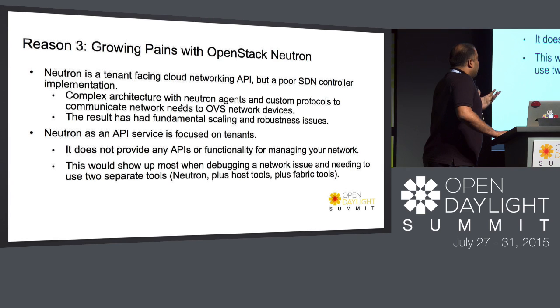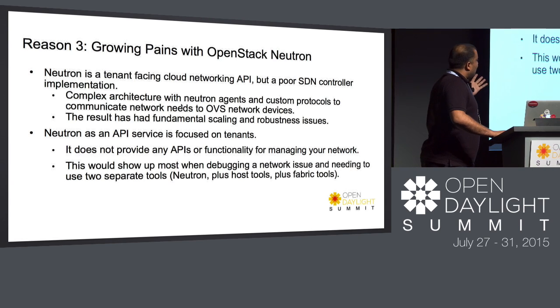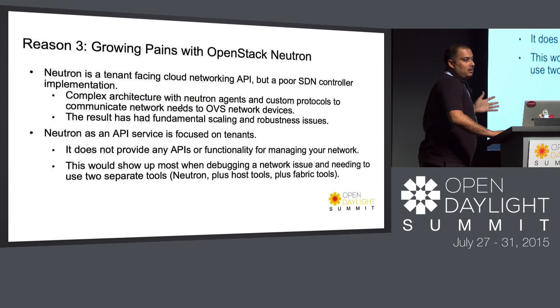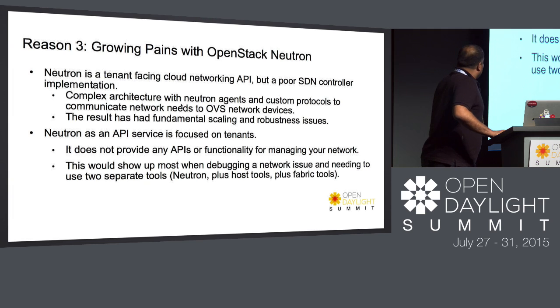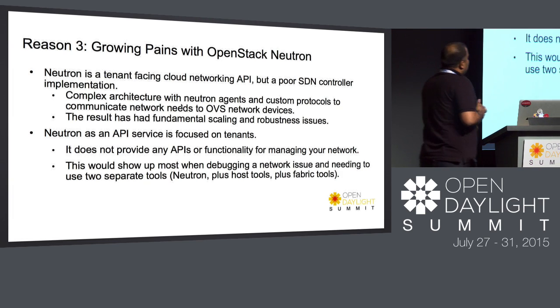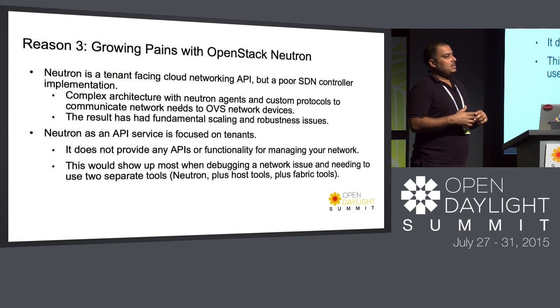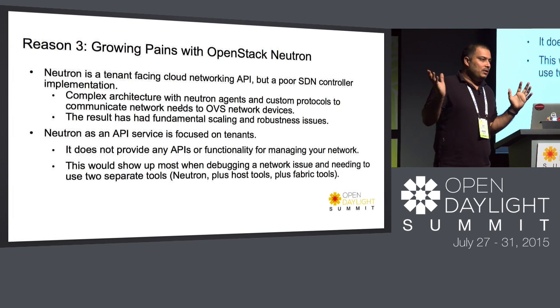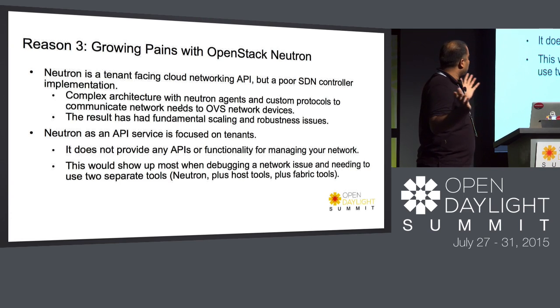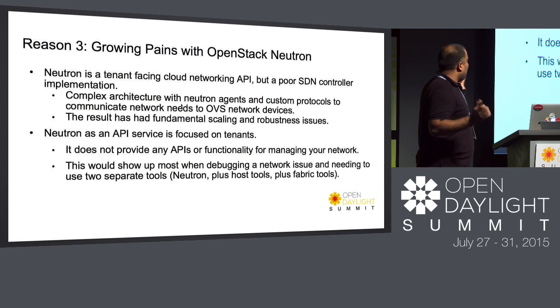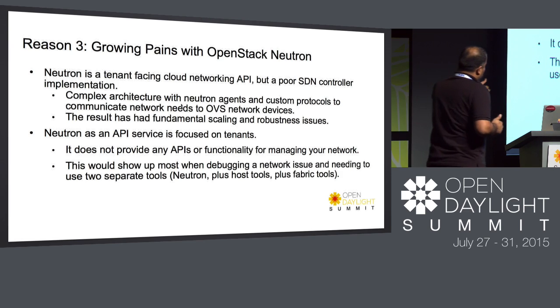And there are fundamental scaling and robustness issues. You get to know these robustness issues when your system goes down. Then you realize that something bad happened, and it takes time to recover from that. Neutron as an API service is focused on a tenant, right? It gives you an orchestration engine kind of view where you manage your data center, but it's not very specific to network APIs.